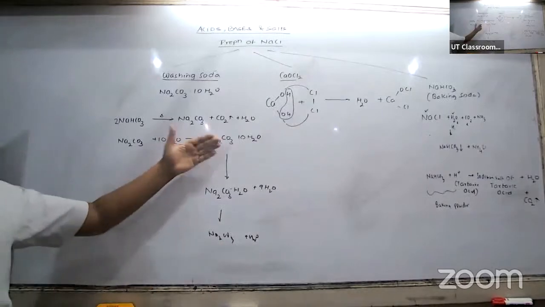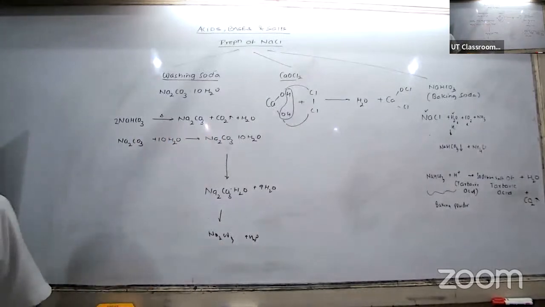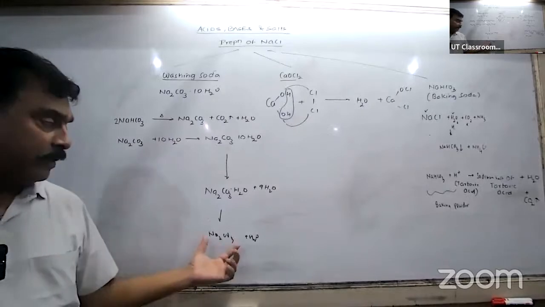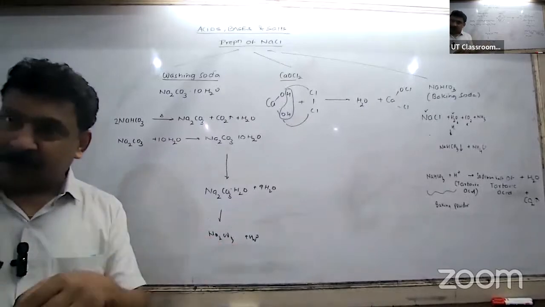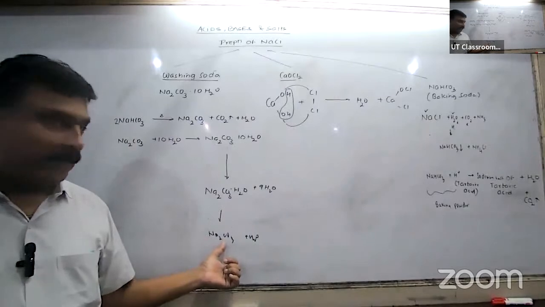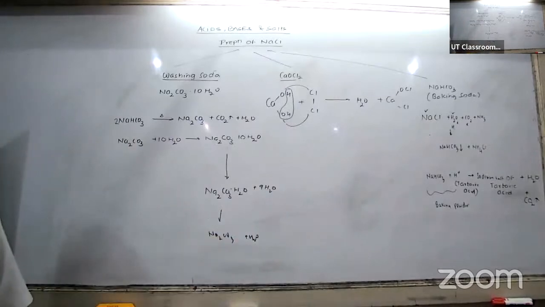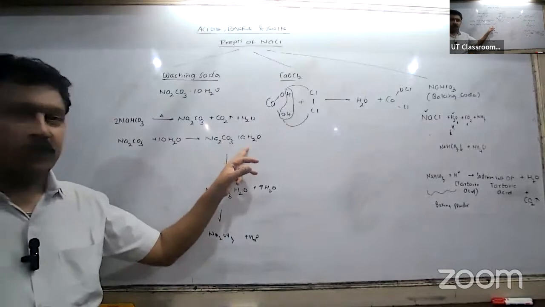So again it can revert back into 10H2O also, but it is stored in airtight container. So when it's in an airtight or packed container, it is not able to absorb, but the moment you open it, it becomes slightly wet because of absorption of water.